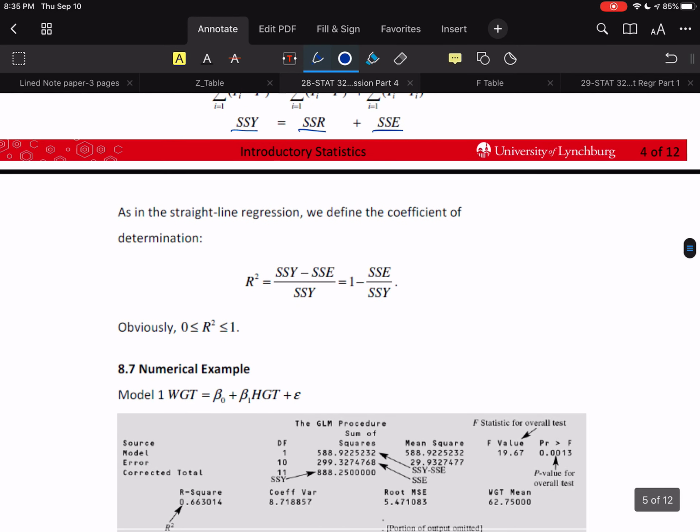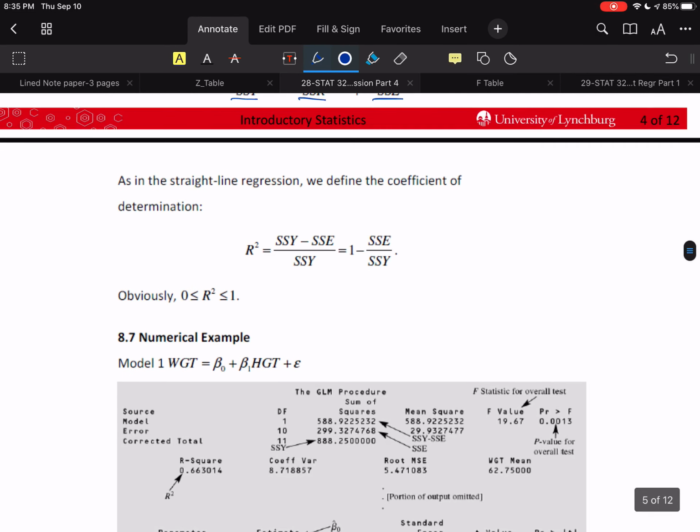Okay. And we still calculate R squared the same way: SSY minus SSE, over SSY. Now I want to point out that SSY minus SSE is SSR. So this is really equal to SSR over SSY. So there's a shortcut. If you have an ANOVA table, you just take SSR divided by SSY.